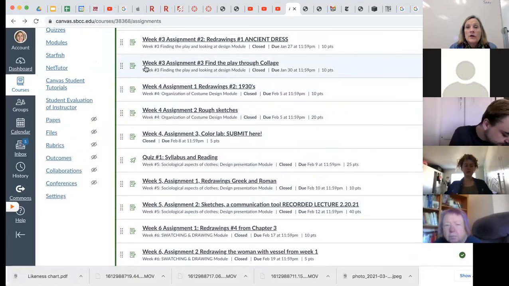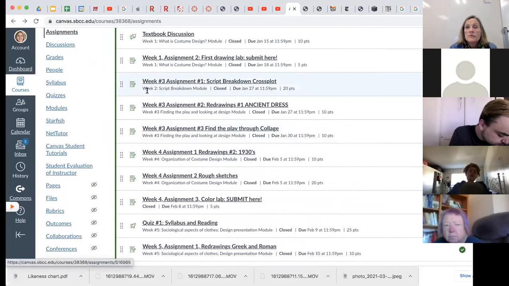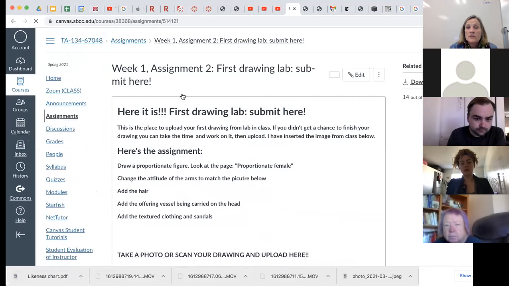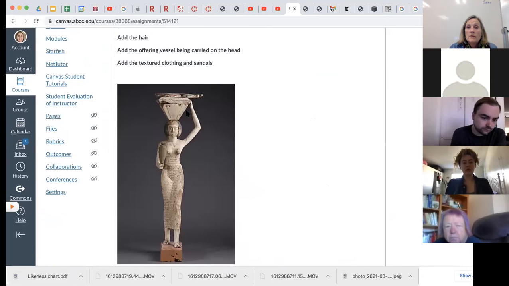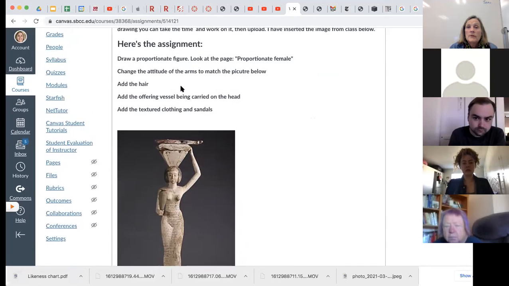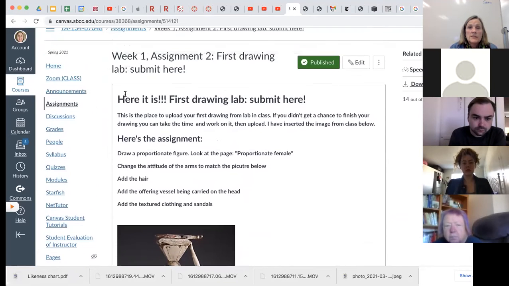So we can look at, if you're on your modules and you're seeing my module page now, right? So here's the first assignment. And then, oh, no, sorry. I'm sorry, that is the drawing assignment. That's not the redrawing assignment.